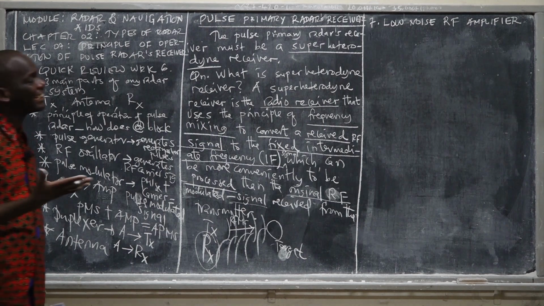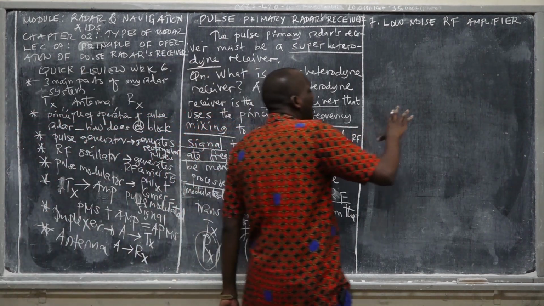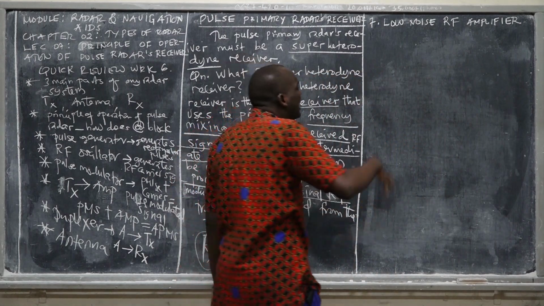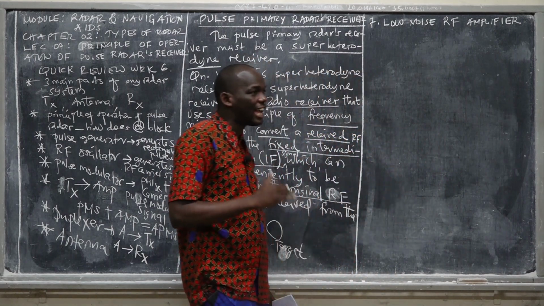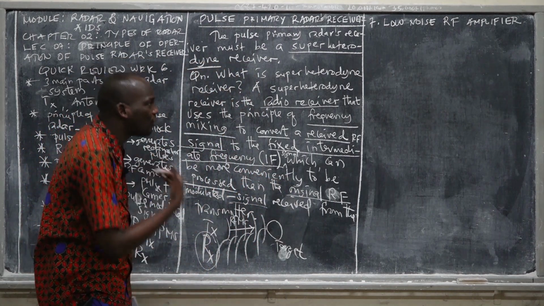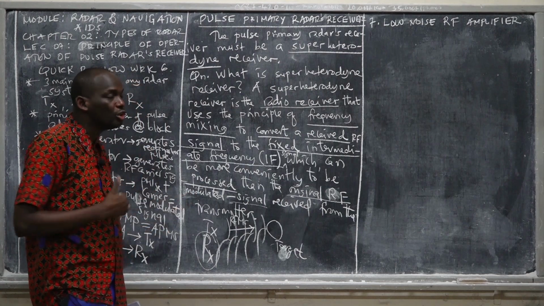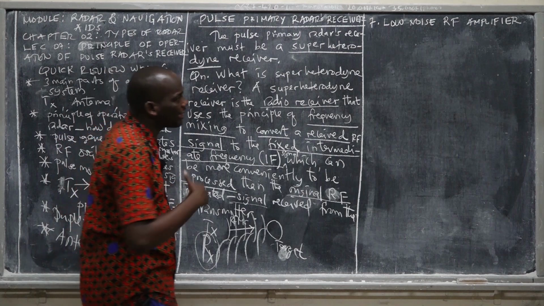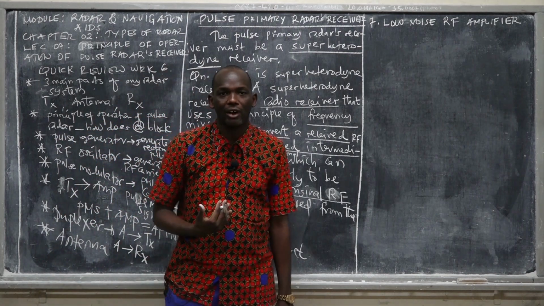So this is the characteristic of this type of RF amplifier. It does not amplify the received signal with noise, or introduce noise into the received signal. That's why we call it a low noise RF amplifier.